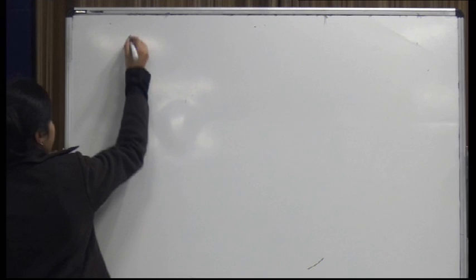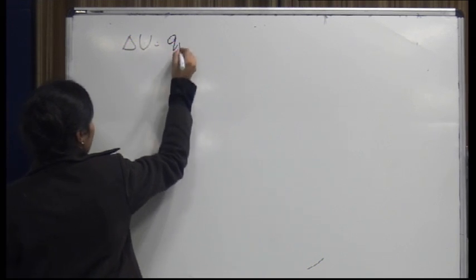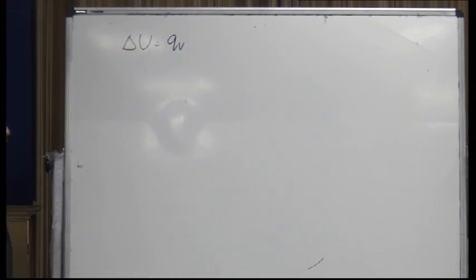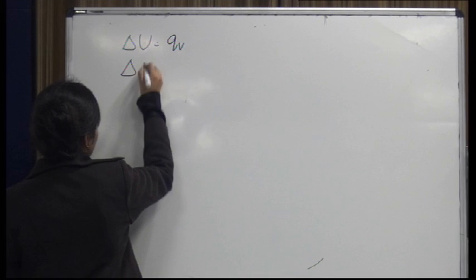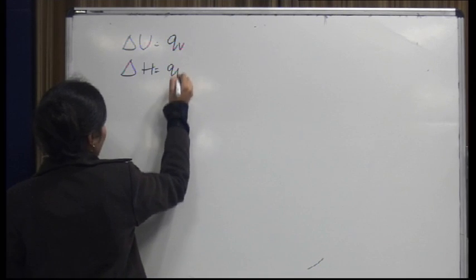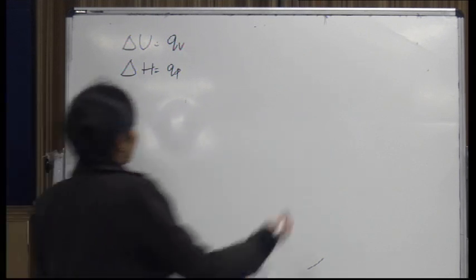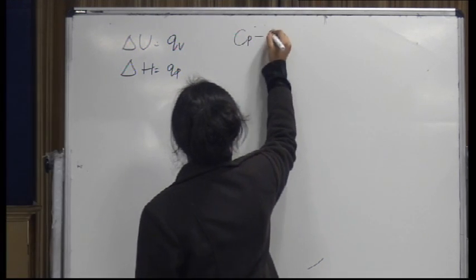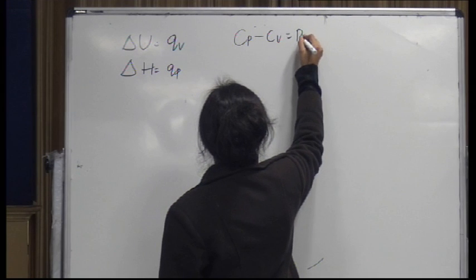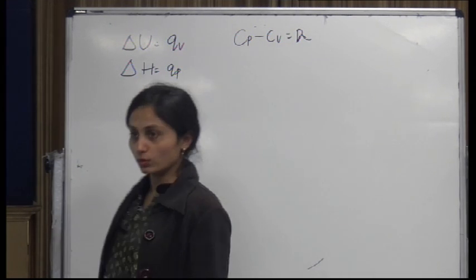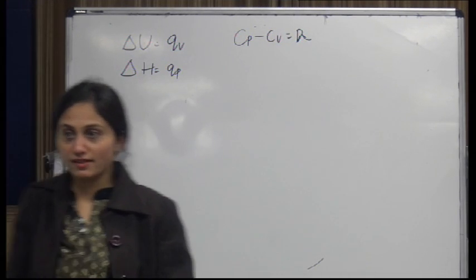Your delta U is equal to QV and your delta H is equal to QP. Some things that you need to remember even otherwise. Other things are CP minus CV is equal to R. These formulas will not leave you till you are there with sciences, right?